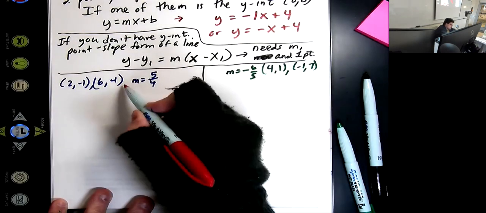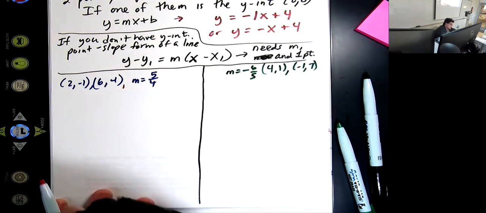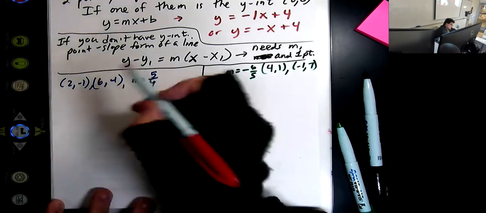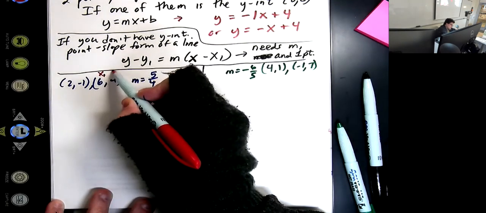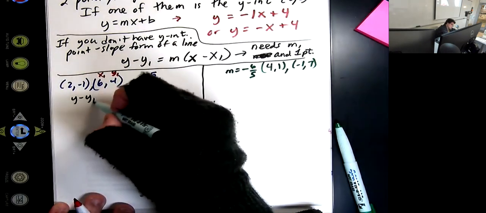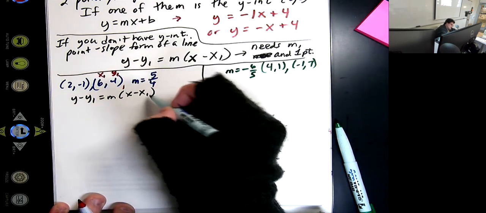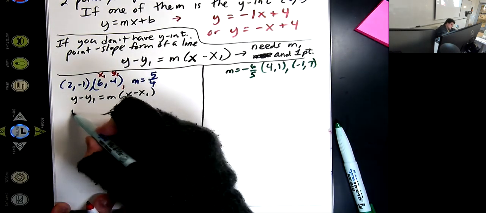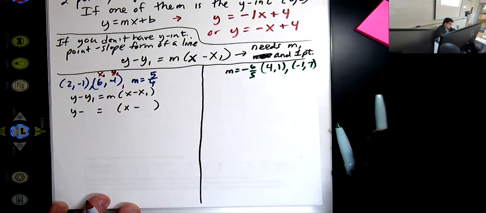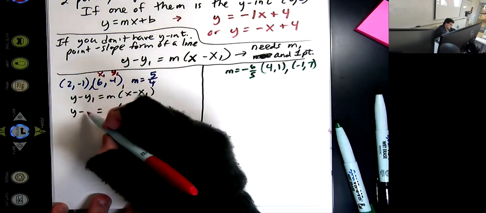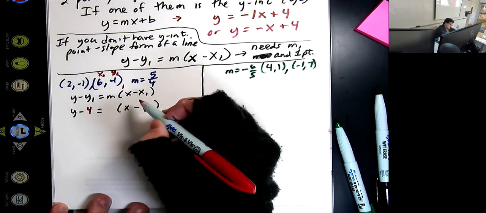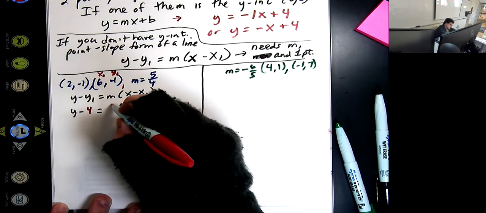If I can, I try to use ones that have all positive numbers. So I'm going to use 6, 4 as my point number 1. Which means 6 is my x1, 4 is my y1. And what I'm going to do is substitute in the values that I have. I have y1 is 4. I have x1 is 6. And I've got m equals 5 fourths.